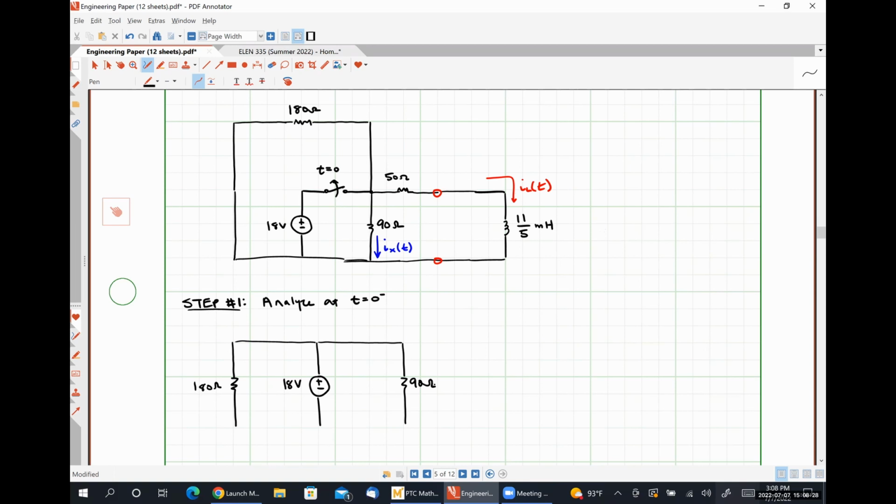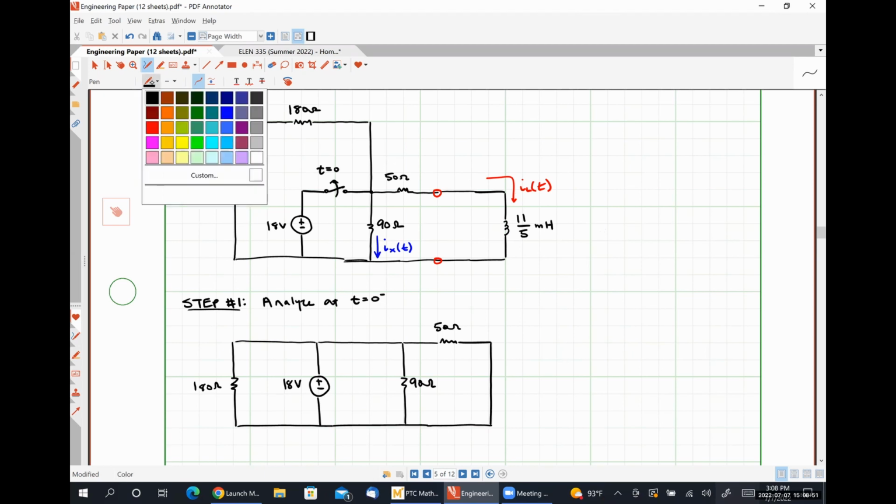Here's my 90 ohm resistor. Here's my 50 ohm resistor. And then the short circuit here to the right represents my inductor. So let me just make sure that I've done this correctly.